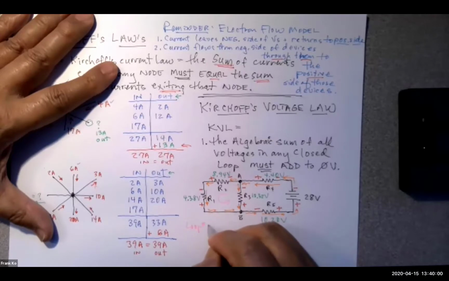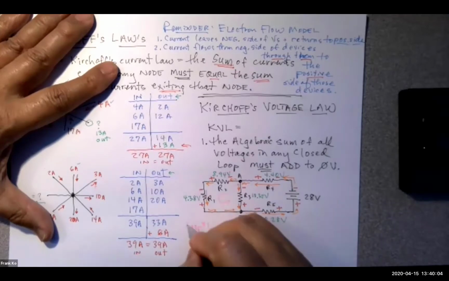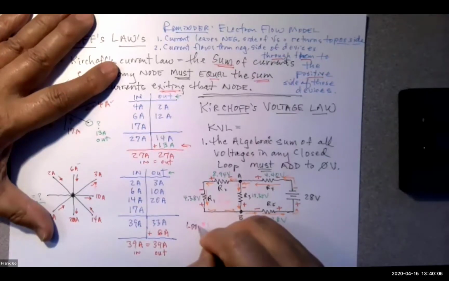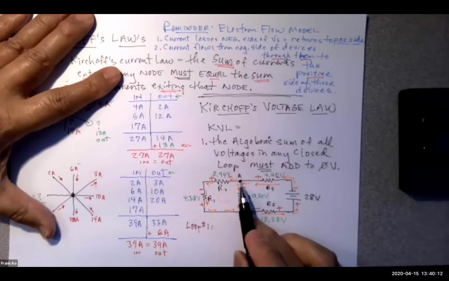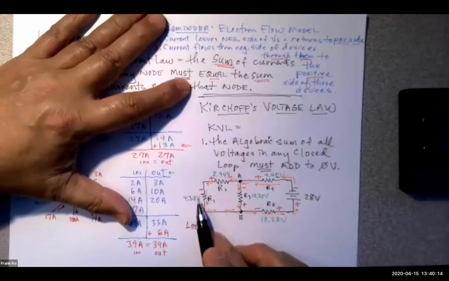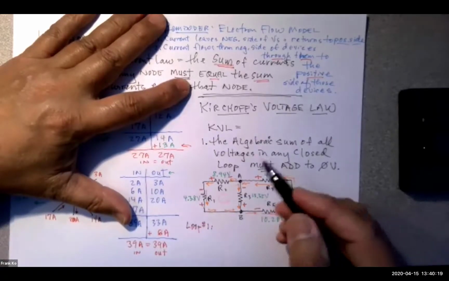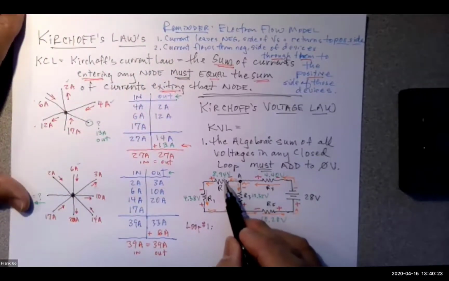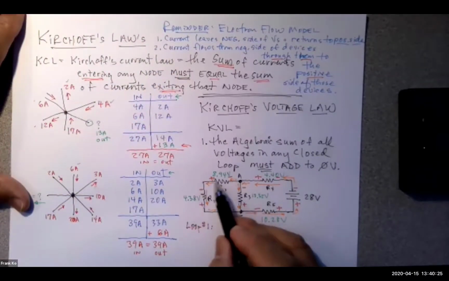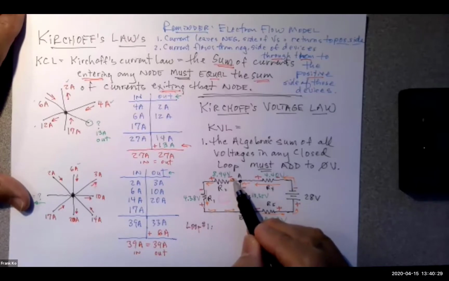I'll call this loop number 1. As I analyze loop number 1, if I start at point A and move in a counterclockwise direction and come back to point A, let's see what kind of values we end up with. If we start at point A and move to the left, what's the very first polarity and value that we encounter?